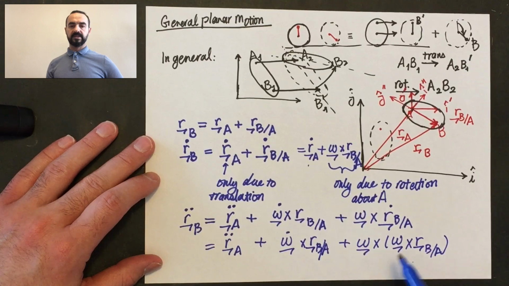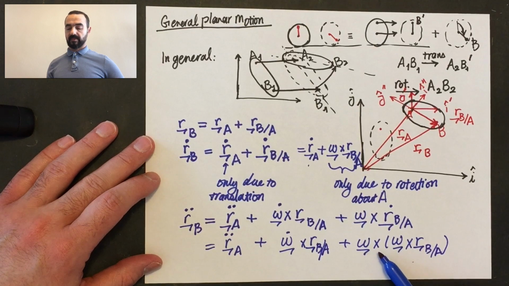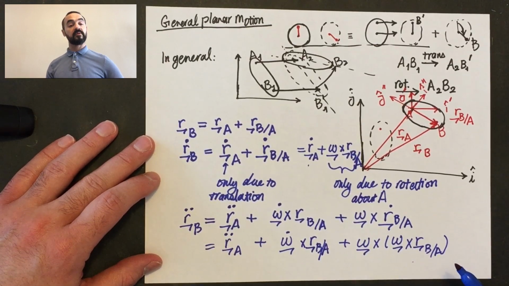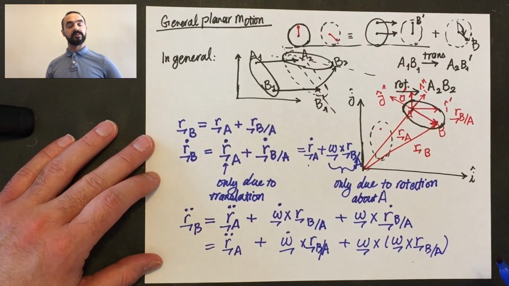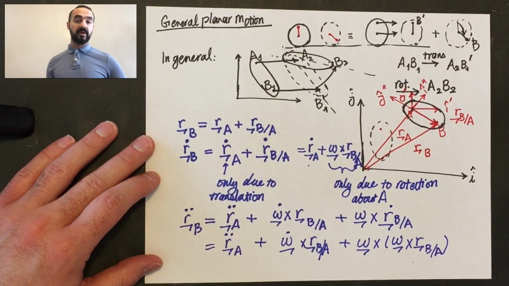Pay very close attention here. This is a cross product, and this bracket matters, meaning that you cannot say I'm going to cross product omega with omega and then cross product with RB with respect to A. The order of this cross product matters. You can even think about it as your right hand rule.